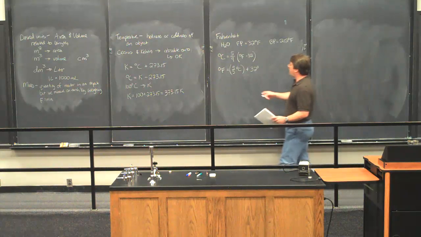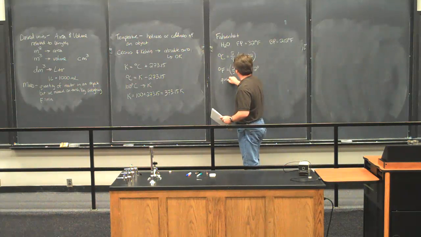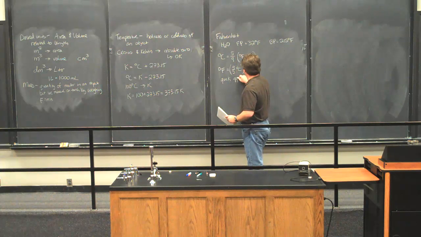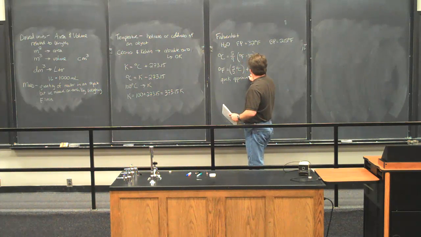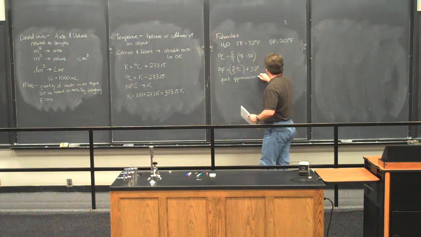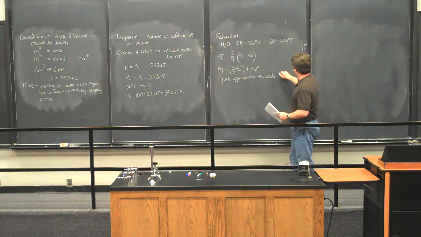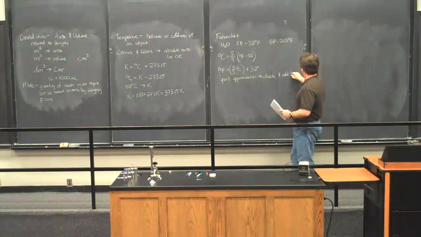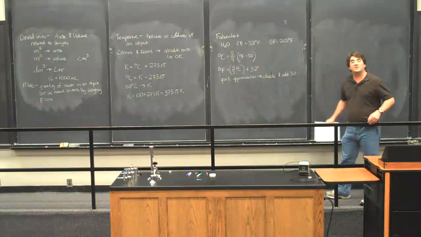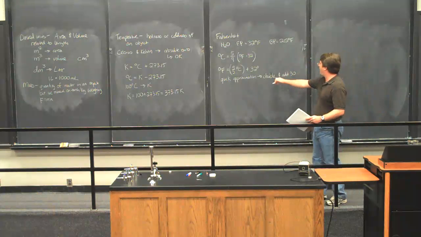So a quick approximation that I learned in ground school to convert Celsius to Fahrenheit is to double it and add 30.